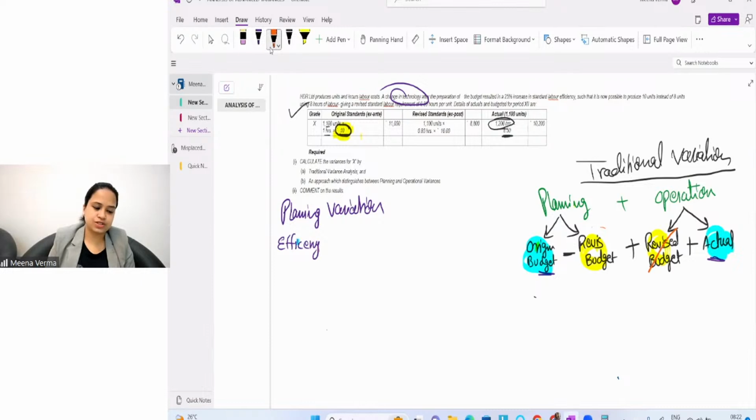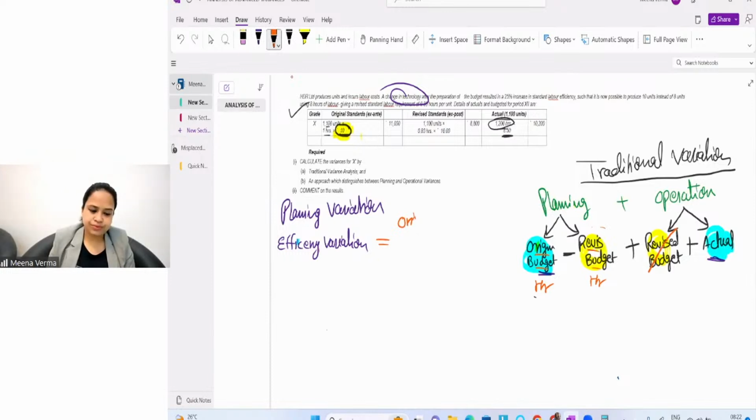Efficiency variations. What is the planning efficiency variation? Planning efficiency variation is what? Always remember, original budgeted hour minus revised budgeted hour.